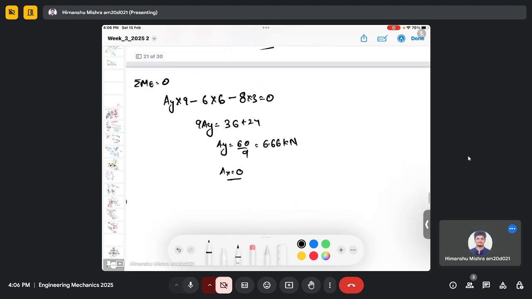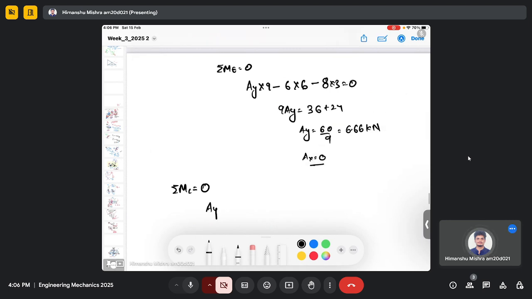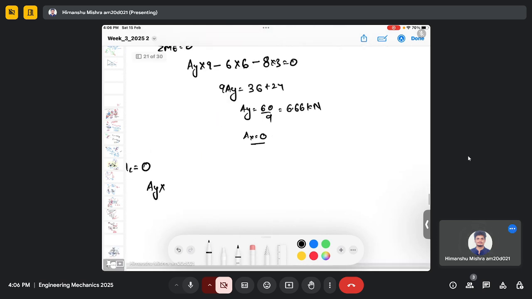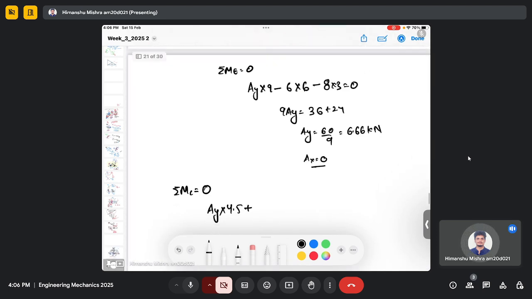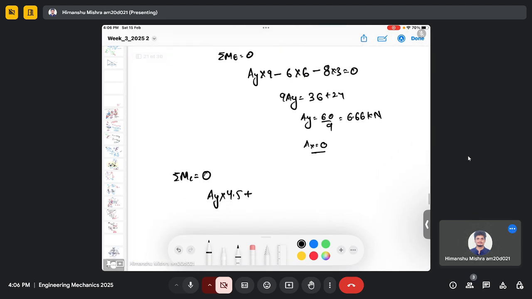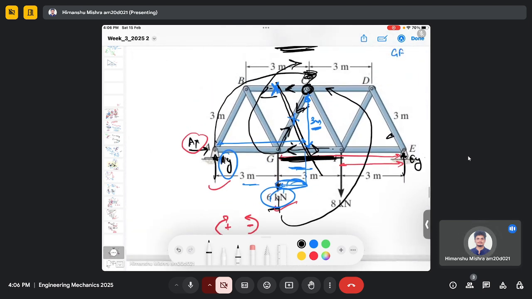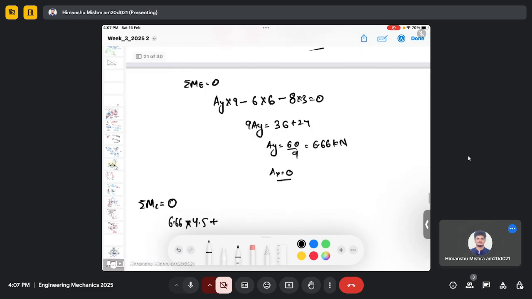So AY multiplied by 3 plus 1.5, 4.5, where AY we already know is 6.66. Then GF is again clockwise, so it is positive, so it will be GF multiplied by 3.